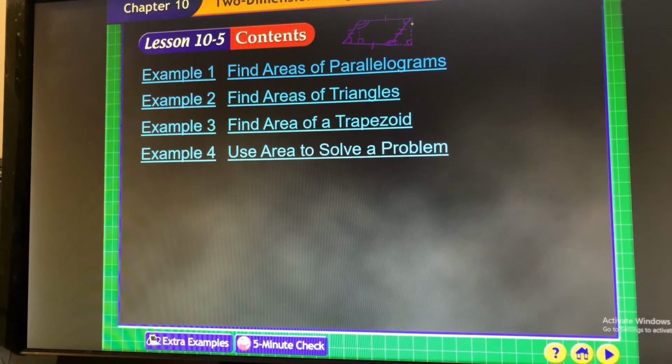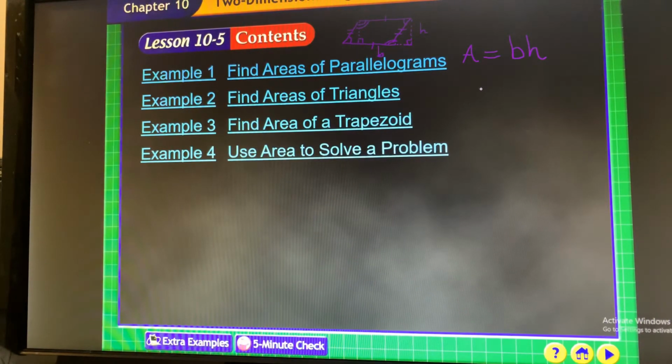So I need a 90 degree angle in order to have my height. Remember these words. Base meets height at a 90 degree angle. So find your 90 degree angle and you will always find your base and your height. So area of a parallelogram is equal to base times height, okay?